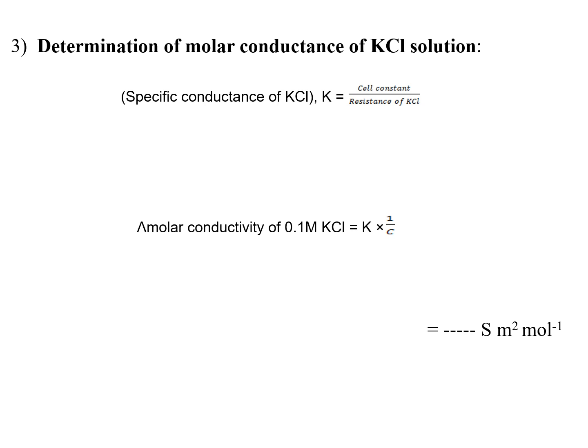Thereby we get the value of specific conductance K. Once specific conductance K is found, molar conductance or molar conductivity of 0.1 molar KCl is determined using an expression K into 1 by C. So K is specific conductance, C is concentration expressed in moles per liter. So we get molar conductivity in terms of Siemens meter square per mole.